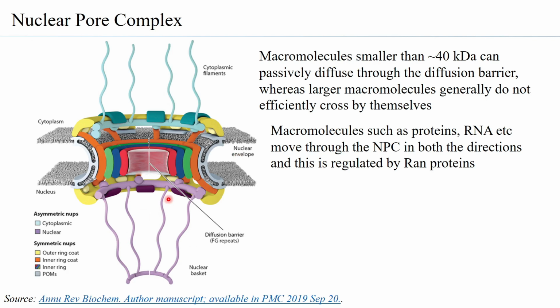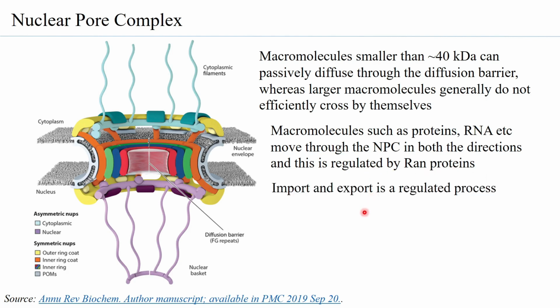This is something that has been found, and it is understood that this regulation is being done by several proteins, but one of the proteins that plays an important role in the regulation is what are called RAN proteins. And these RAN proteins are GTP binding proteins. That means they can be bound to GTP, and the fact that it is bound to GTP allows it to regulate the entire process. So we'll look at it in a while.